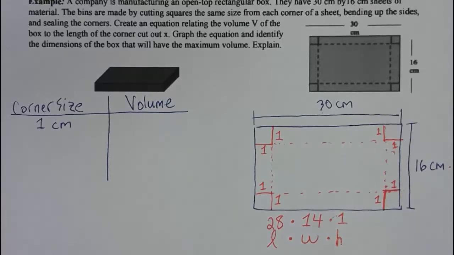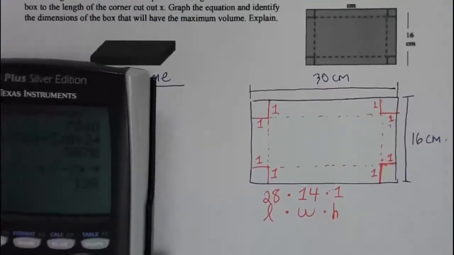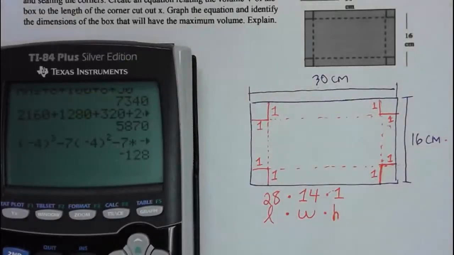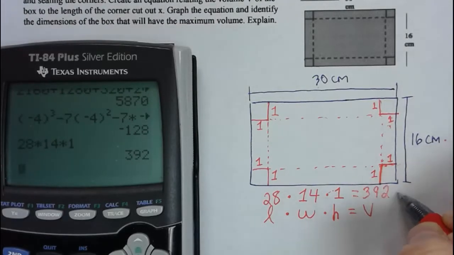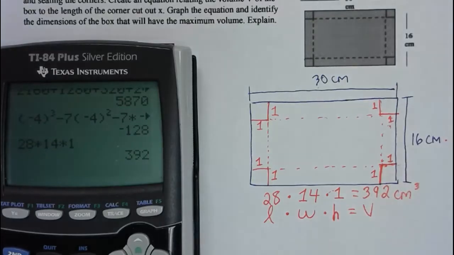Now all we have to do is grab a calculator: 28 times 14 times 1 equals a volume of 392 centimeters cubed. Cubic centimeters, that's a three-dimensional way of measuring units.